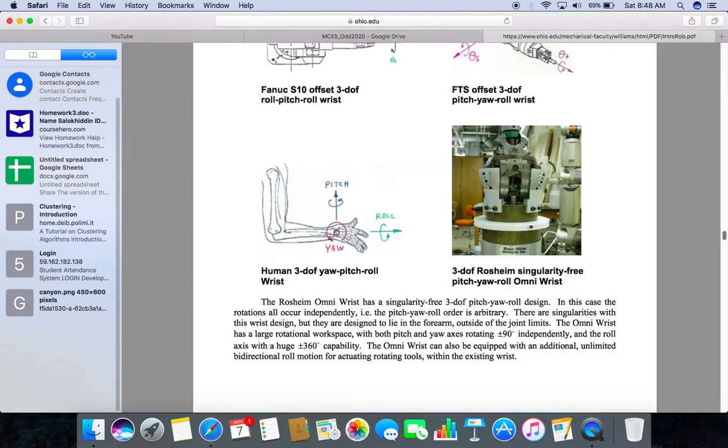The Rosheim Omni Wrist has a singularity-free 3 DOF pitch yaw roll design. In this case, the rotations all occur independently. That is, the pitch yaw roll order is arbitrary. There are singularities with this wrist design, but they are designed to lie in the forearm outside of the joint limits.